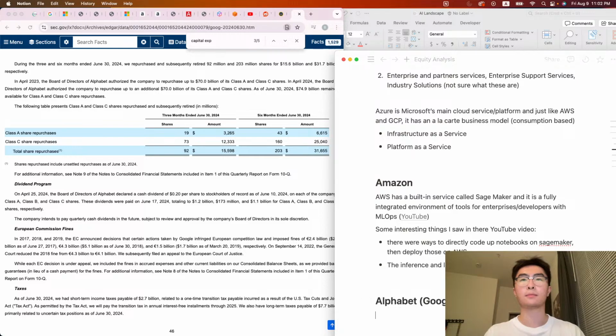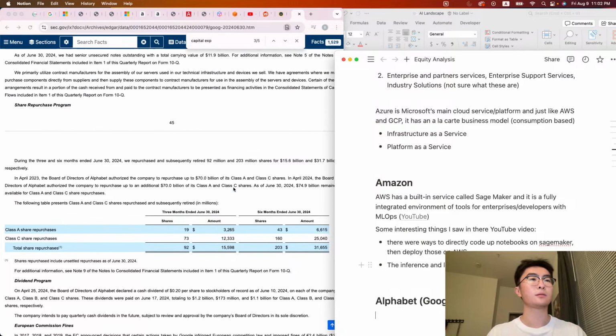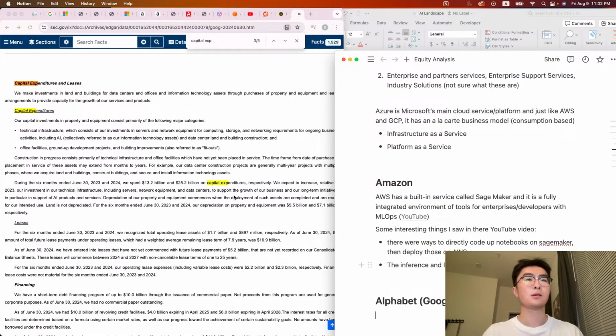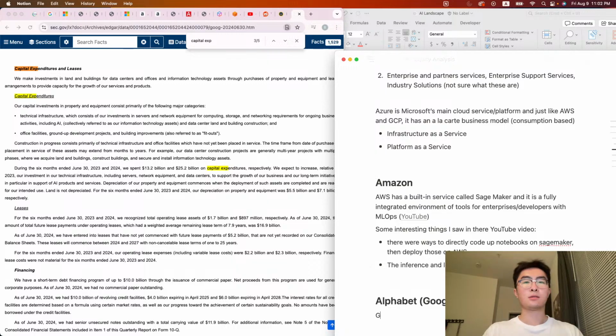From the Q2 10Q, it's noted that leases can range from 1 to 25 years on data centers.